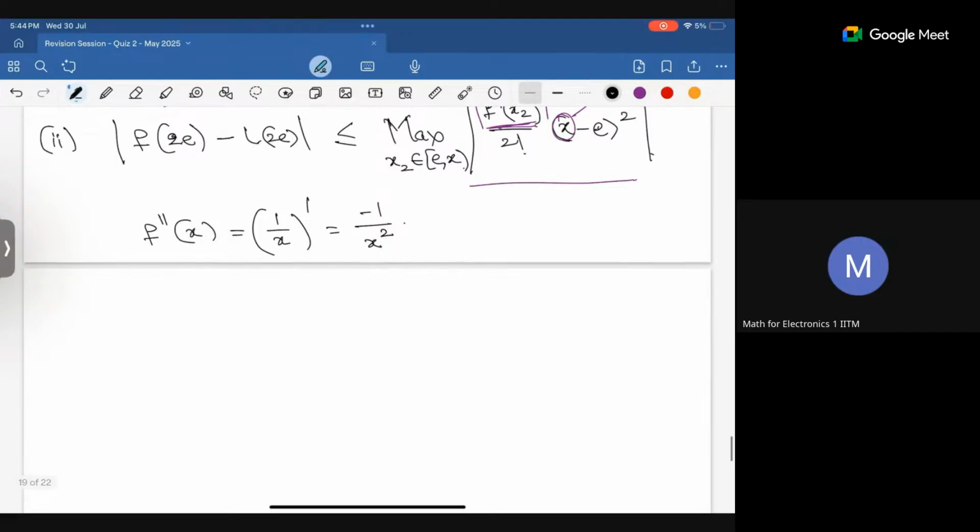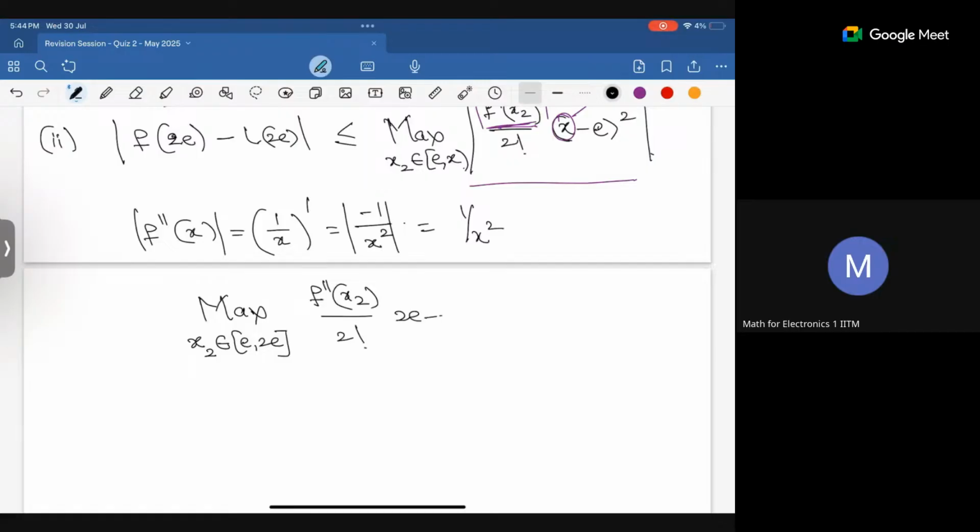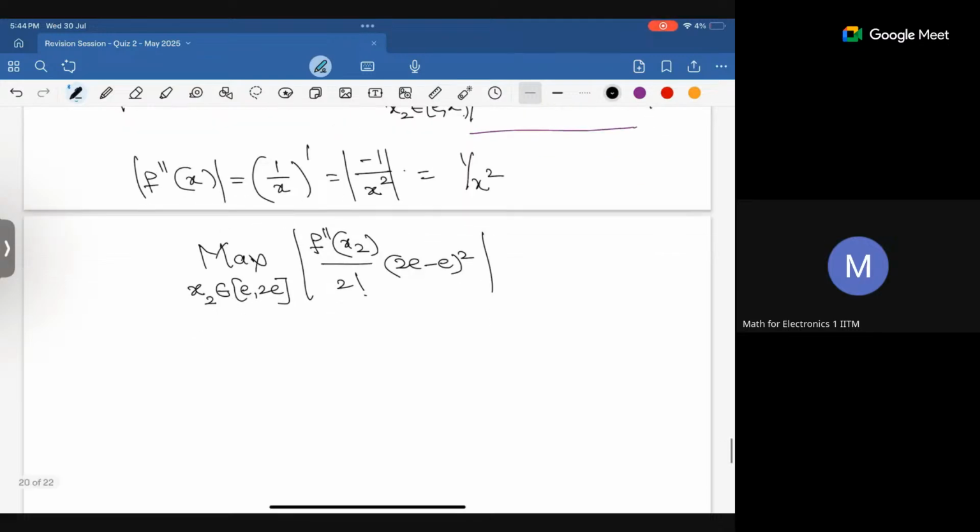And if I take the absolute value, this will just be 1 by x square. So now what I want to find is the maximum value in the interval e to 2e, right, for this expression, divided by 2e minus e whole square. Right, so I want to find this.